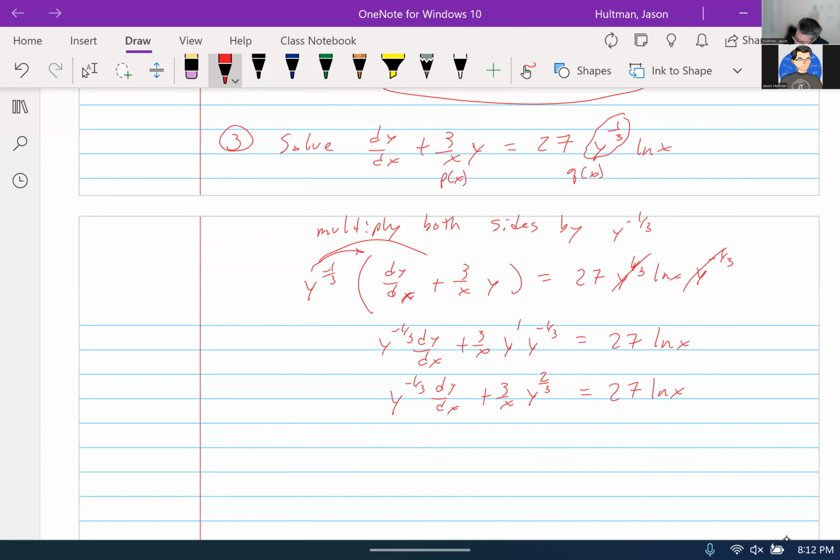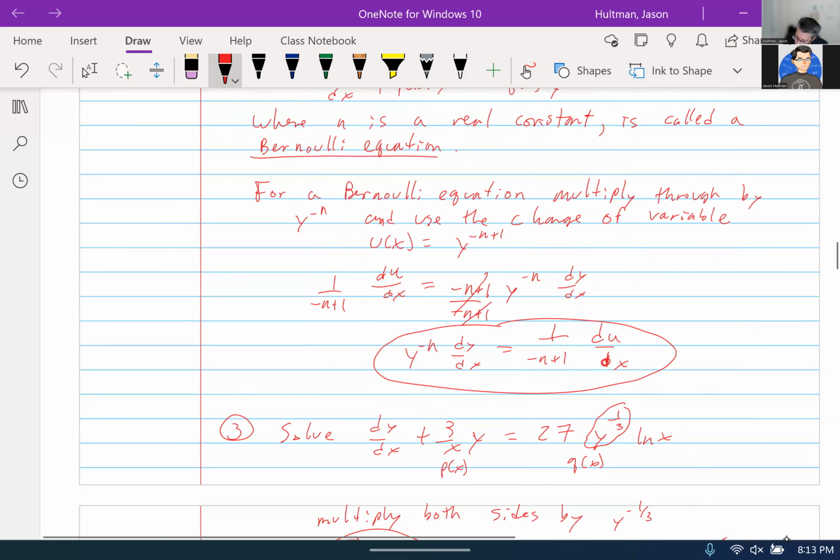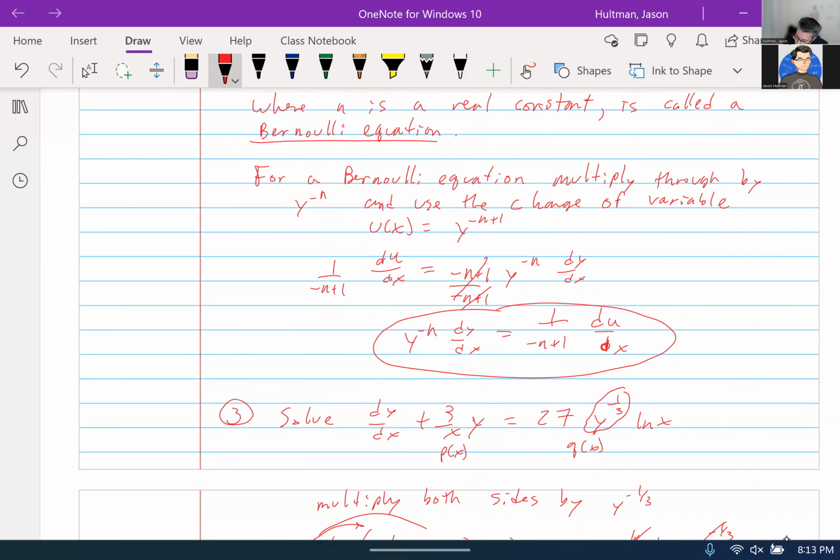So let's let u be equal to, what do we want u to be equal to? Let's go back up here. u equal to y to the negative n plus 1. And what was our original exponent that we multiplied through? We want to multiply through by y to the negative n.